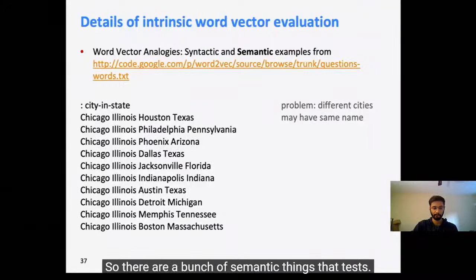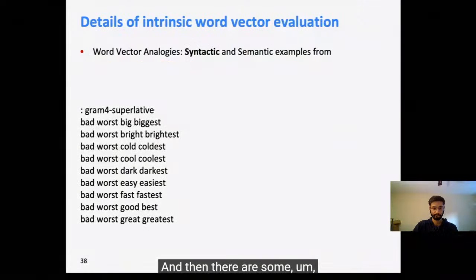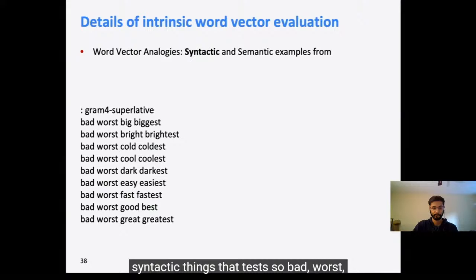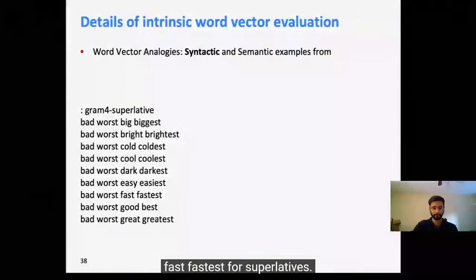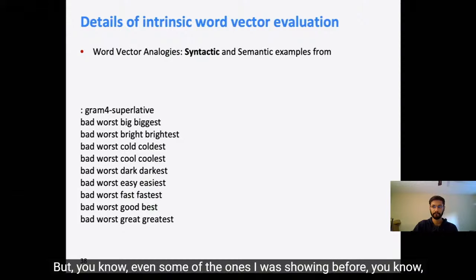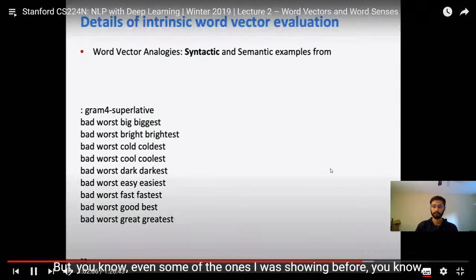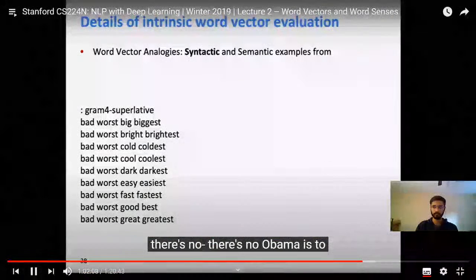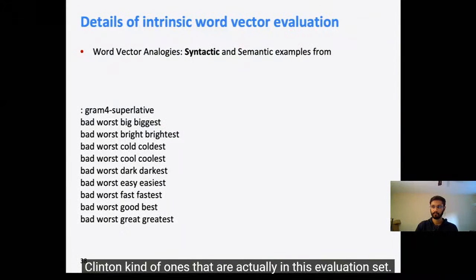So there are a bunch of semantic things it tests, and then there are some syntactic things it tests, so bad, worst, fast, fastest, for superlatives. But even some of the ones I was showing before, there's no Obama is to Clinton kind of ones that are actually in this evaluation set.